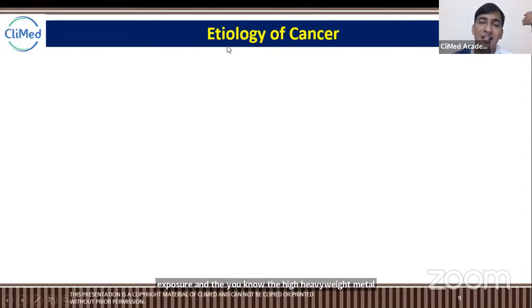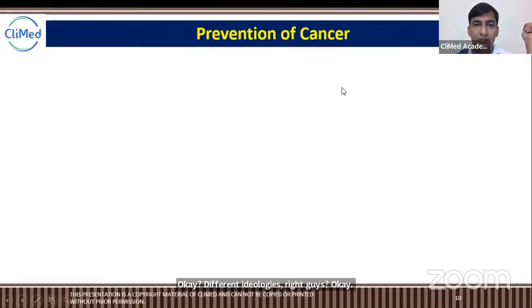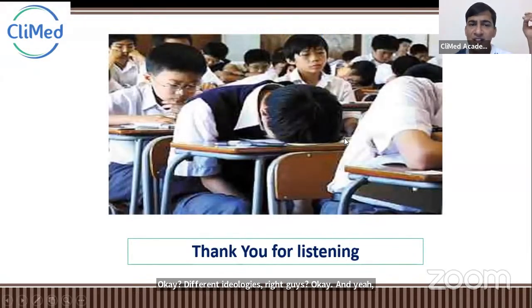If you look at colorectal cancer, then there'll be viral infections, bacterial infections, gastric reflux disease for multiple years. Every cancer has different etiology and different risk factors. There are a few common risk factors, but usually the cancers have different etiologies, right guys? And prevention of cancer means leaving smoking and all, and then we can talk about that.